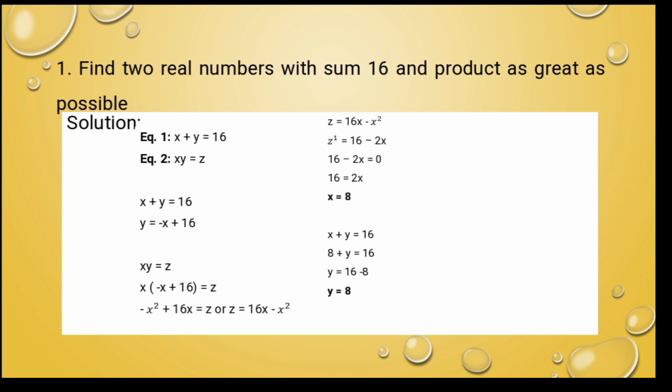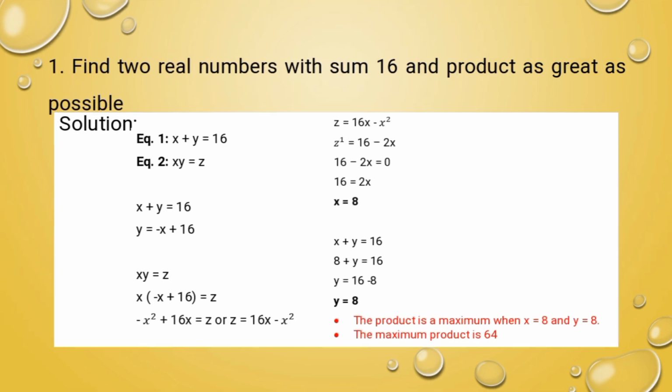Then simplify. We have y is equal to 8. Therefore, the product is a maximum when x is equal to 8 and y is equal to 8. Then the maximum product is 64.